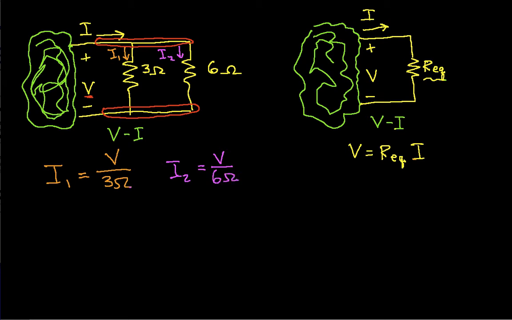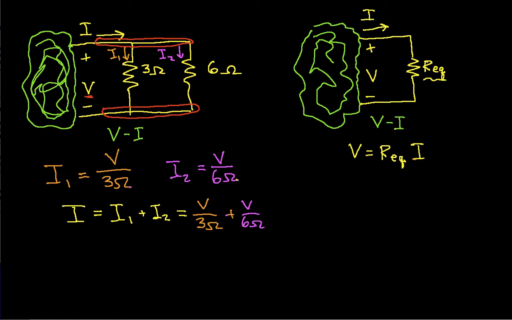Okay, now if we apply Kirchhoff's current law to the top node, we have the current I going in, and that's equal to the sum of the currents leaving, which in this case would be I1 plus I2. And so we can use these two expressions for I1 and I2 that we've just developed to say that this is going to be V over 3 ohms plus V over 6 ohms.